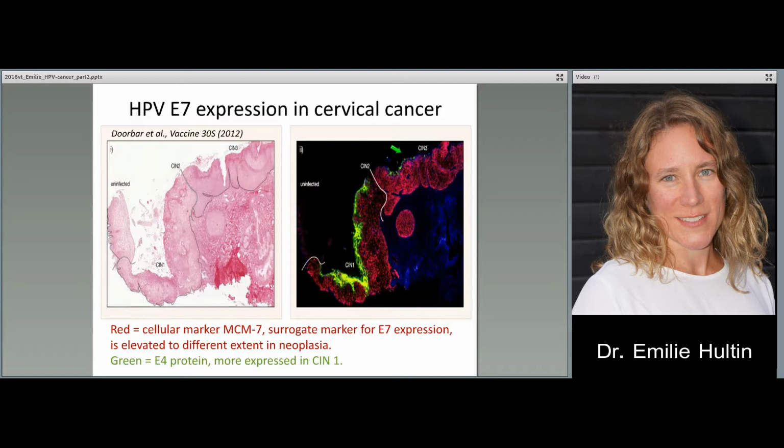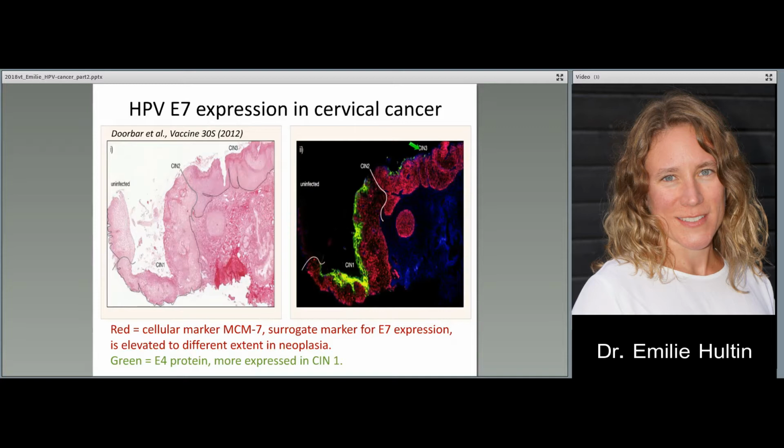The green marker, however, is a marker for E4 protein. The interesting thing here is that we have high expression in lower grade neoplasia. However, in the high grade neoplasia, where we have cervical cancer in situ, or CIN3, the E4 expression is actually lost.